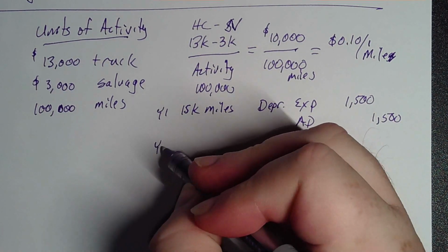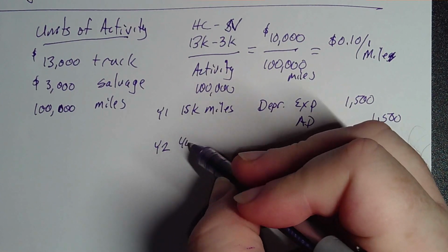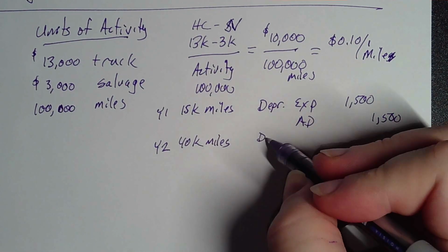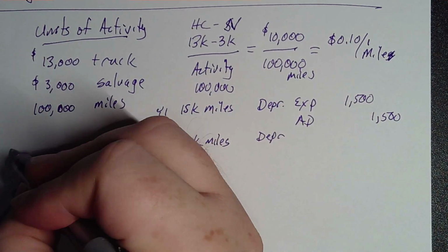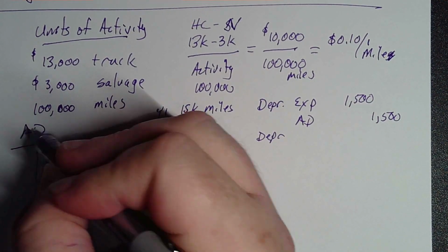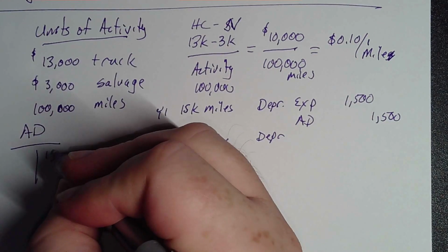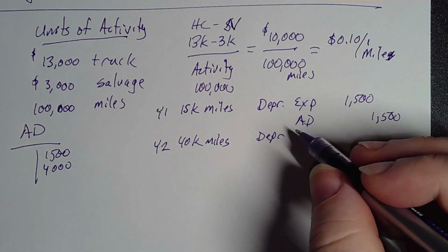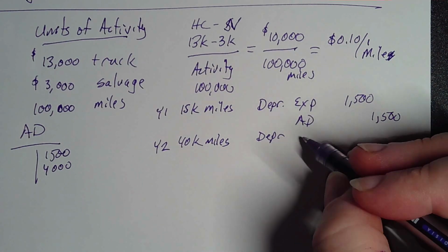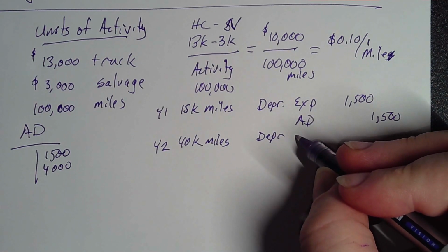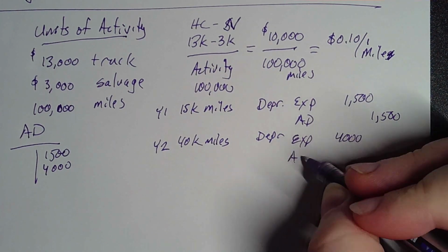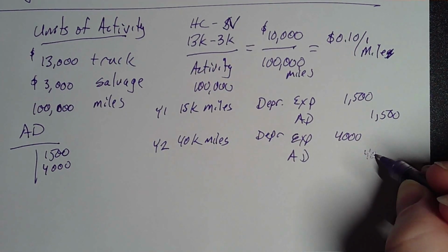So let's say year 2, it's 40,000 miles. We would do depreciation. And so if I was keeping track of the accumulated depreciation here, it'd be 4,000. And the accumulated depreciation would be 4,000.